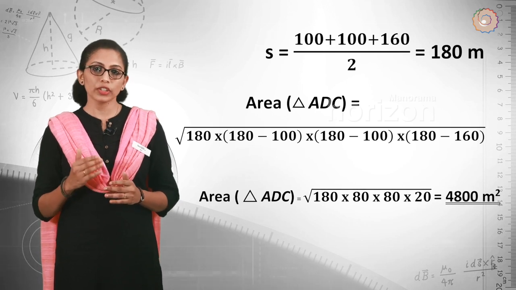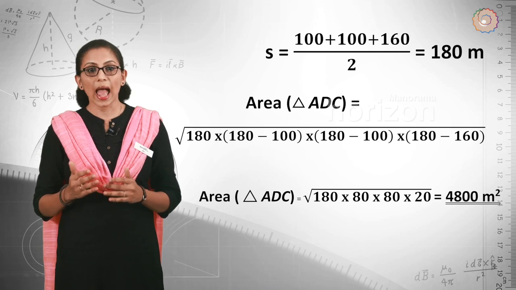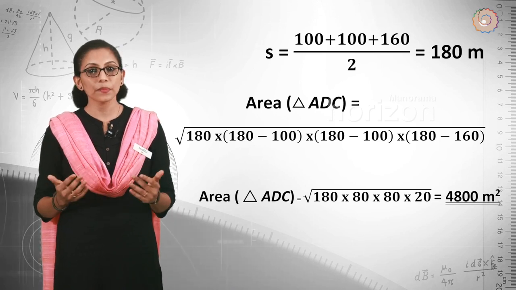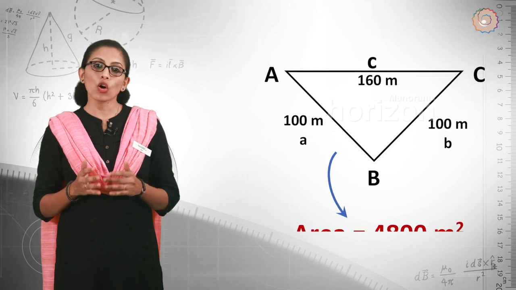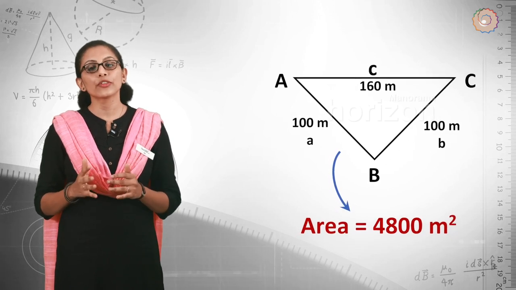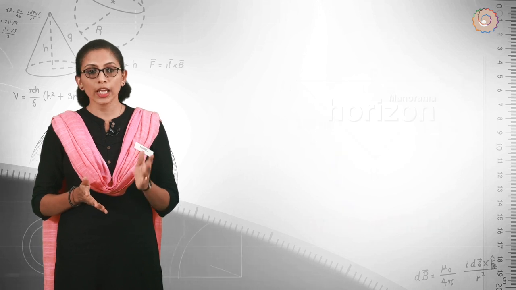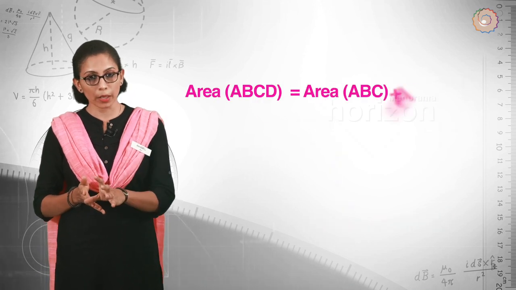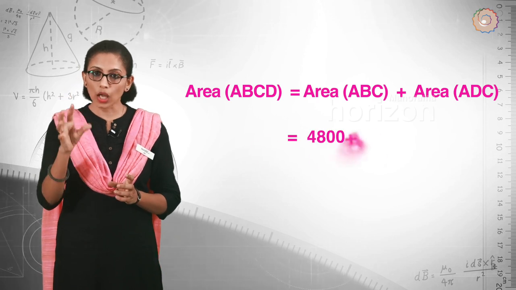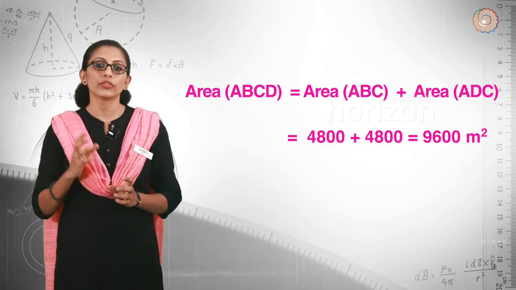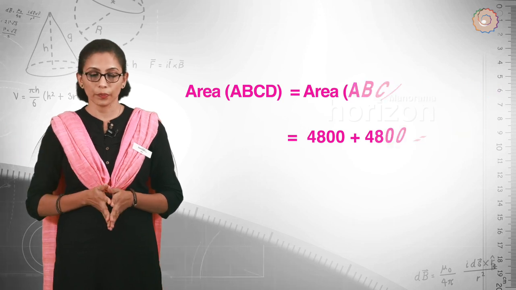Each of them has an area of 4800 meter square as they both have the same side measurements. Area of triangle ABC will also be 4800 meter square. So, what will be the area of ABCD? Area of ABCD will be area of ABC plus area of triangle ADC. So, we get 4800 plus 4800 is equal to 9600 meters square.